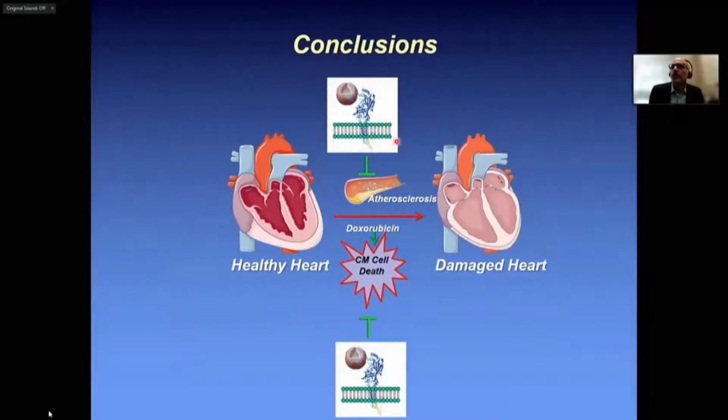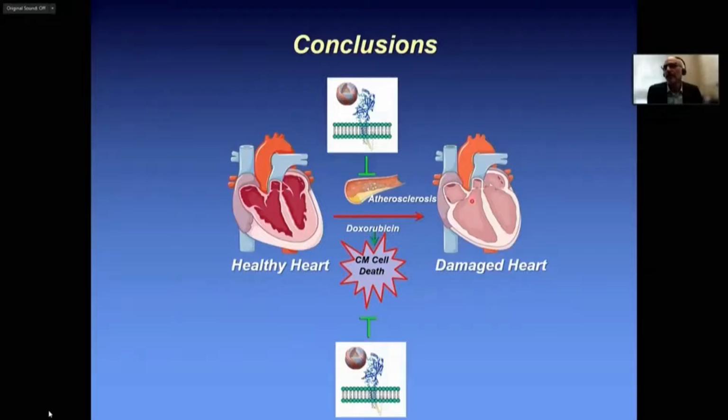So in conclusion, in addition to protecting against atherosclerosis-induced cardiovascular disease, HDL signaling appears to play an important role in protecting cardiomyocytes against cell death, suggesting that HDL can protect either directly or indirectly against cardiovascular disease.